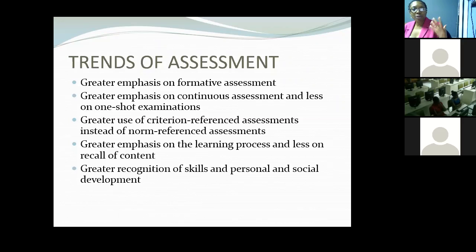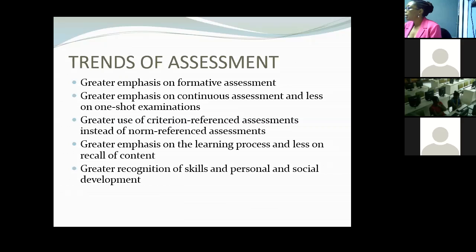So you have greater emphasis on formative assessment. What do I mean when we say there's a greater emphasis? It suggests that prior to now, or certainly this season of teaching and learning, there was not this strong emphasis. But there's a greater emphasis on formative assessment. By formative assessment, what do I mean?